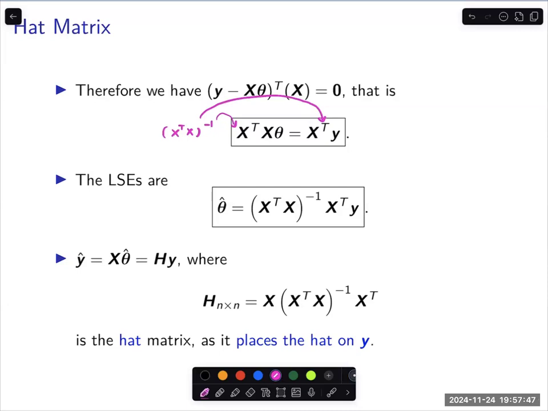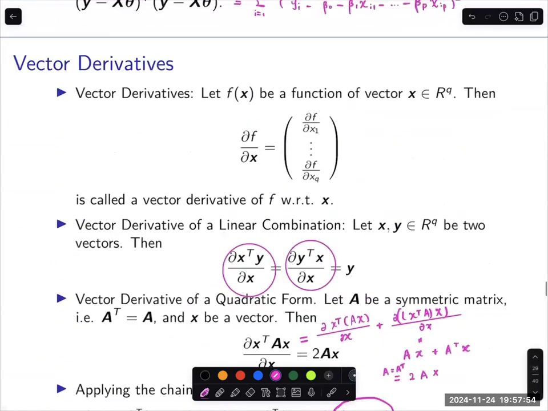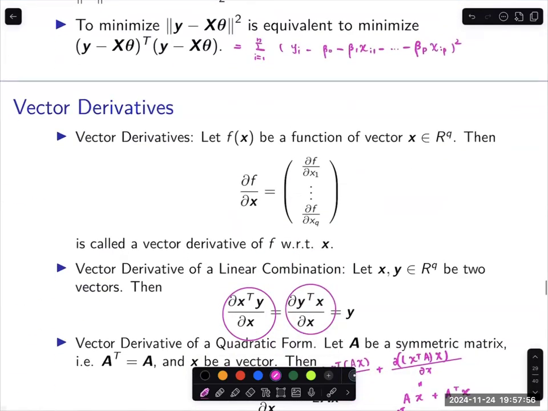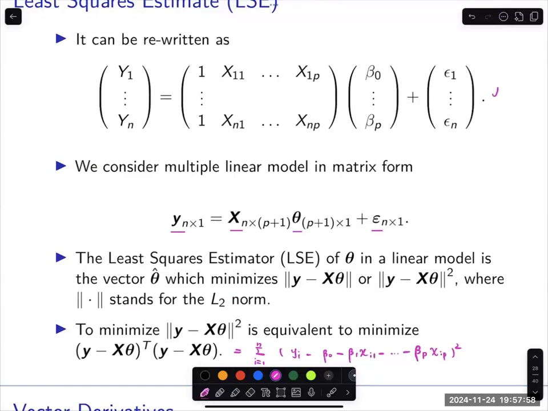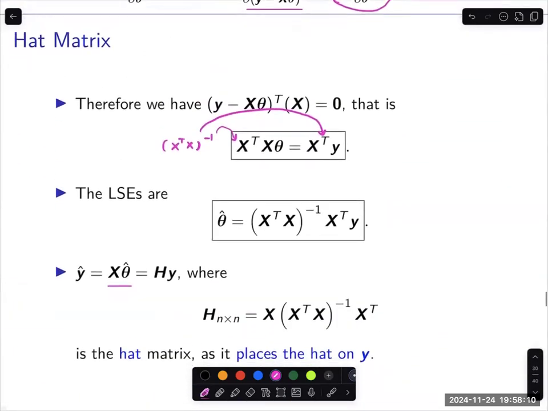And plugging back into our original model, remember, this is our original model, y equal to x theta plus epsilon. While the epsilon would be out of our control, x theta is the part we are trying to make the prediction for, so y hat equals x theta hat.